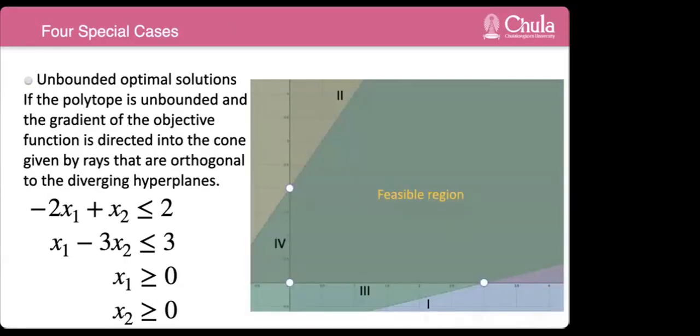The next one: if the constraints form the feasible region, however, it's not a closed set. This one is an open set, right? It's not a closed set. If the gradient is leading this way, you see that we don't have a solution, right?